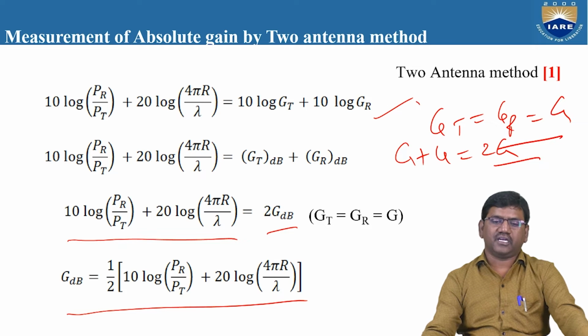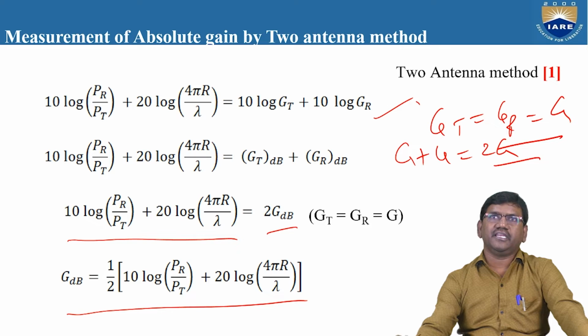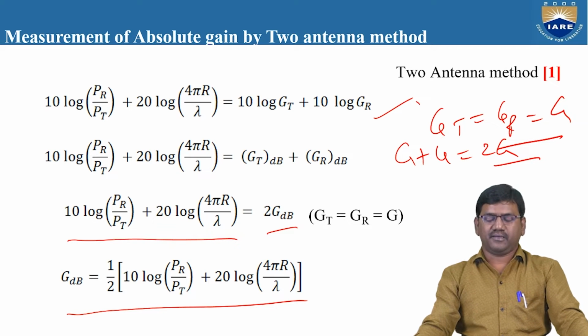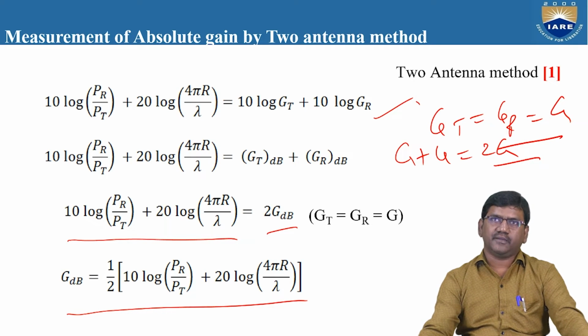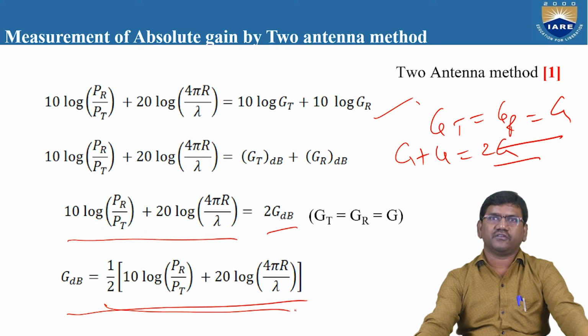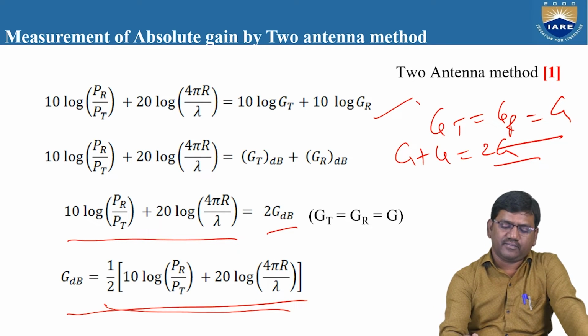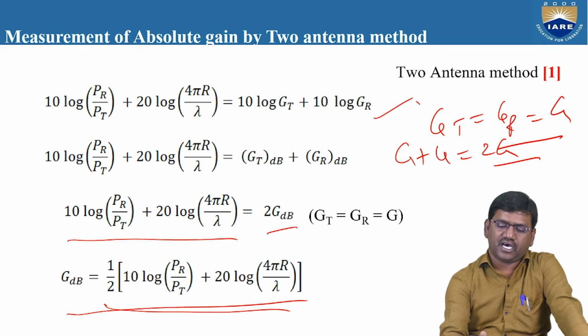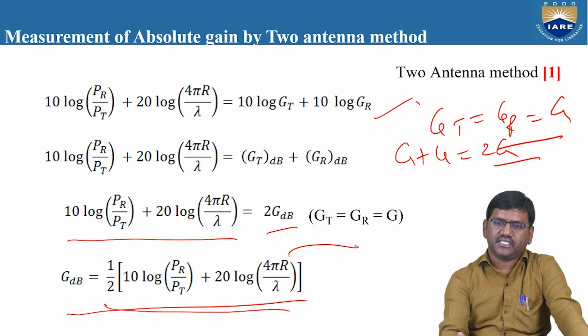So this is how to calculate the absolute gain by the two antenna method. The gain by the absolute method can be calculated using this formula: G is equal to half into 10 log PR by PT plus 20 log 4 pi R by lambda. From this formula, R is the known parameter, the distance.